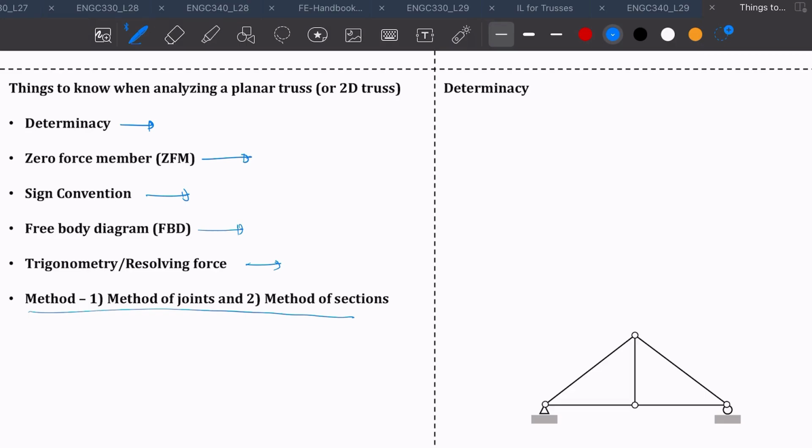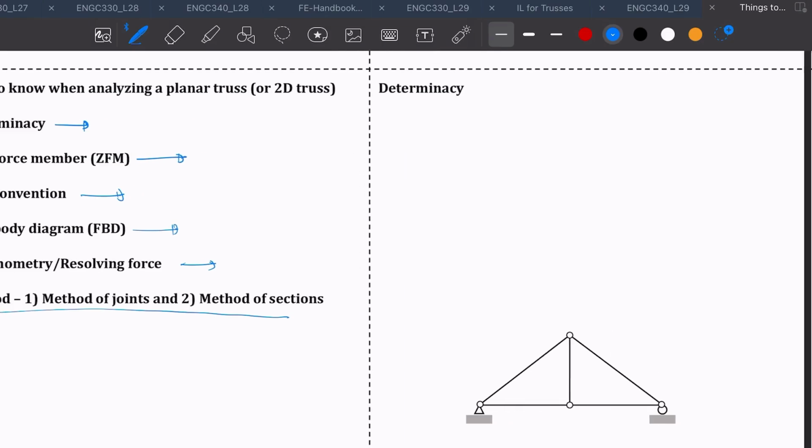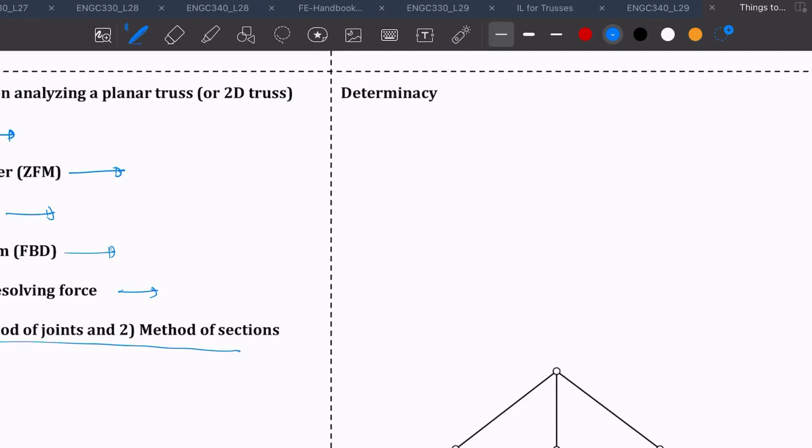So the first thing that we need to know is determinacy. What does determinacy mean? It has this equation. It says that the number of member forces plus unknown support reactions is equal to 2 times the number of joints. And we know that in a truss at a joint, we have two equilibrium equations, which are the summation of all the forces in the x direction and the summation of all the forces in the y direction.